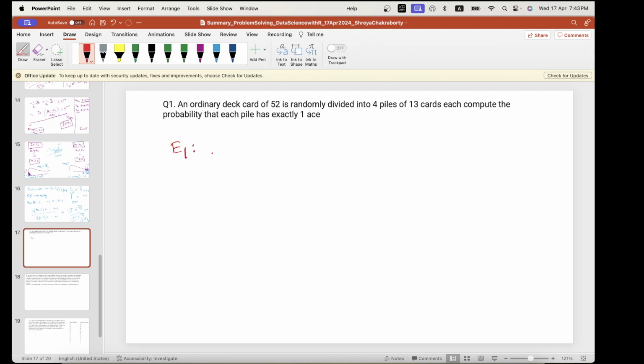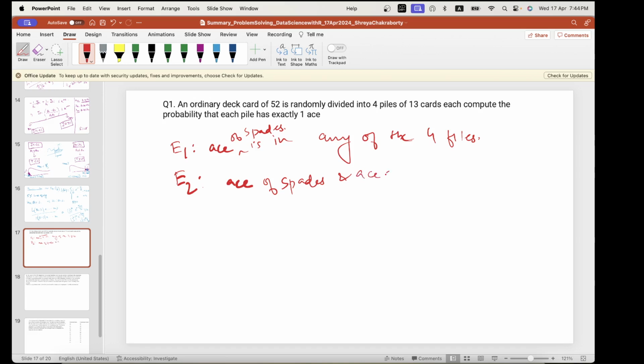E1 is the event, let's say ace is in any of the four piles. Okay. E2 is the event that ace, let's say ace of spades, and ace of hearts are in different piles.